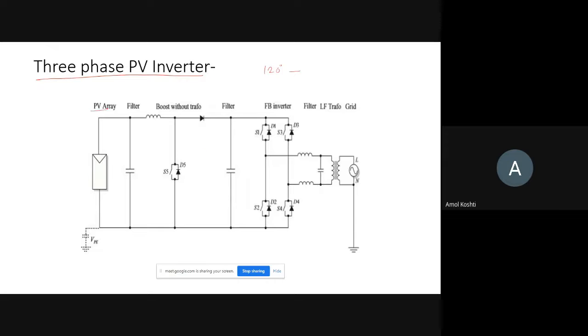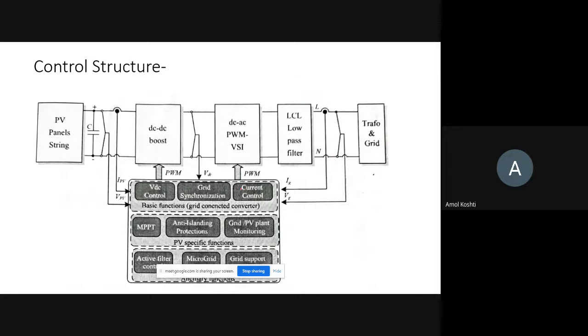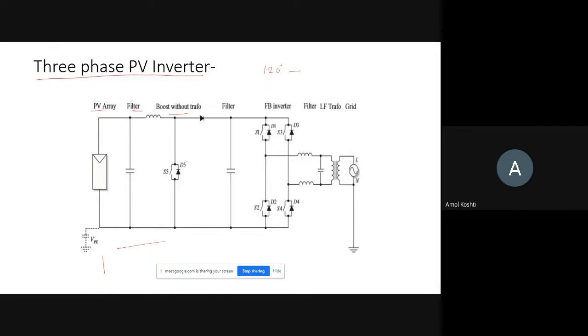Again, it is a simple system. The PV inverter is there, the filter circuit is there, the concept is the same. Boost without transformer, it is increased and the output will be produced. So this is the topology for three phase. Two more we have to take here. If we understand this for single phase, the same concept applies for three phase.